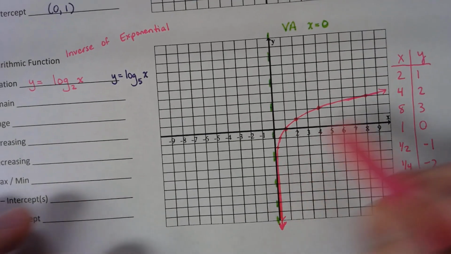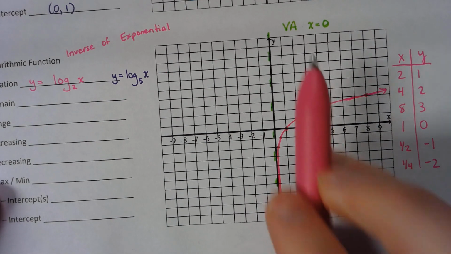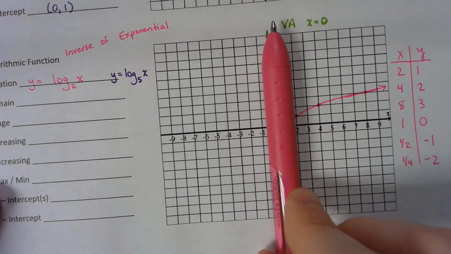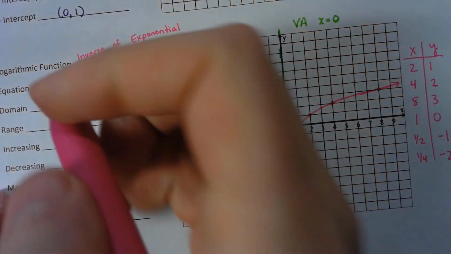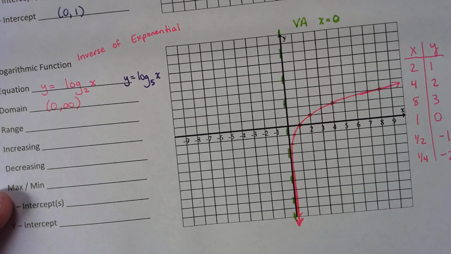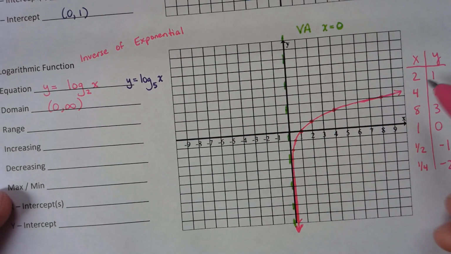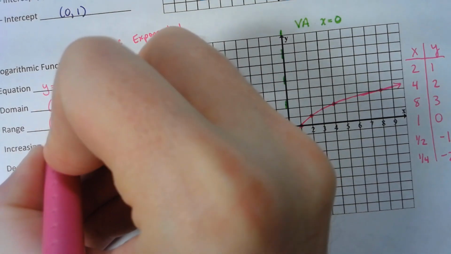Okay, so from this graph we can see that now the domain is going to be all of the x values from 0 to infinity, and the range is everything, right? This thing goes down forever, and it also goes up forever, so our range is all real numbers.